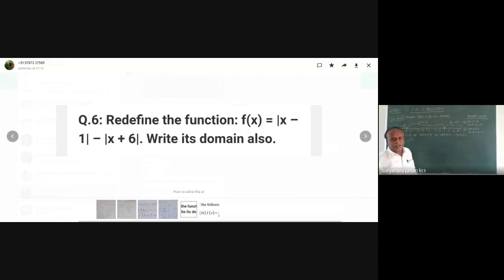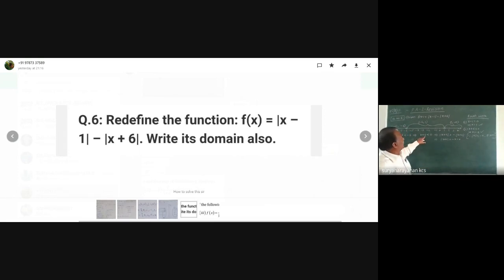In that case, we write modulus of x plus 6 is equal to minus of x plus 6, because mod x is equal to minus x if x is a negative number. So mod x plus 6 is equal to minus x minus 6.